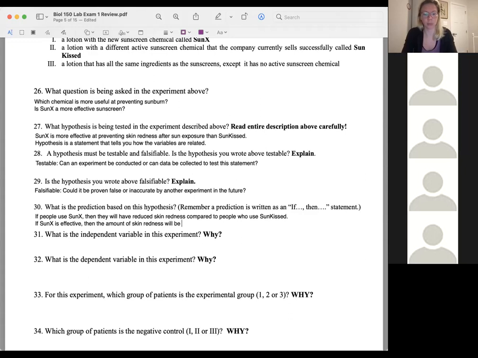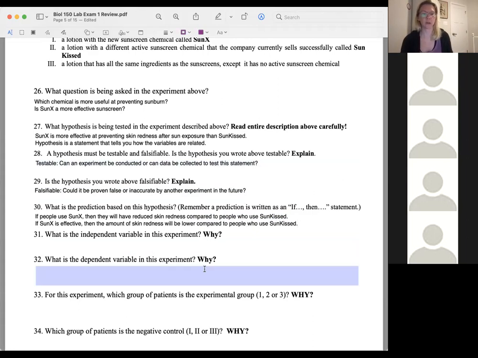And you can also add this to the end, compared to people who use other products, compared to people who use Sunkist. All right, excellent.